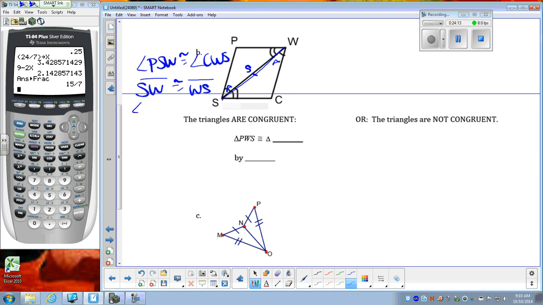And then I also know that angle PWS is congruent to angle CSW. So if I look right here, I know that these two triangles are congruent by angle, side, angle, because I have two angles in the included side. So PWS is congruent to CSW.